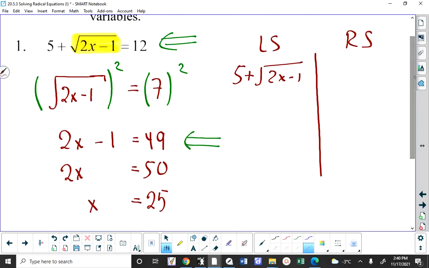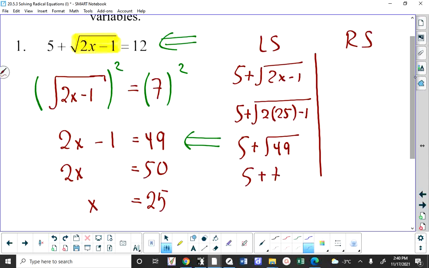So I get 5 plus the square root of 2 times 25 minus 1. That becomes 5 plus the square root of 49, which is 5 plus 7, which is 12. And the right-hand side of the original equation was 12.